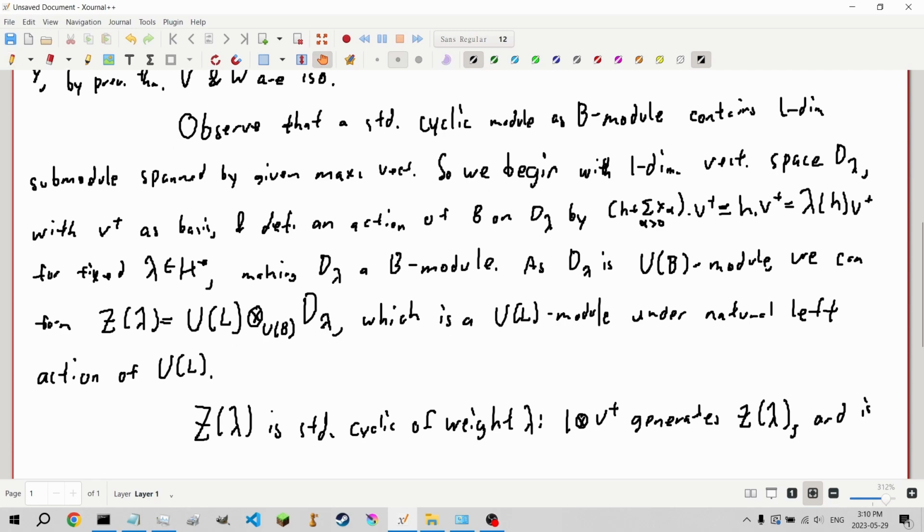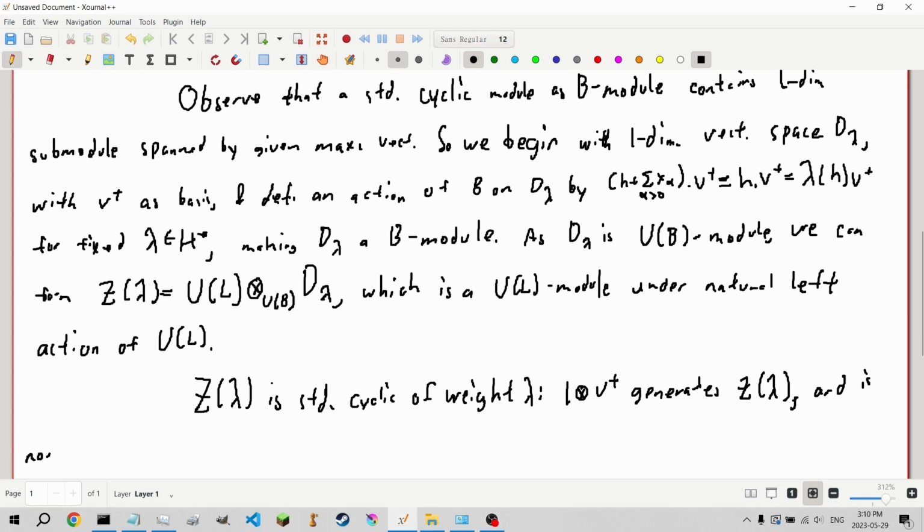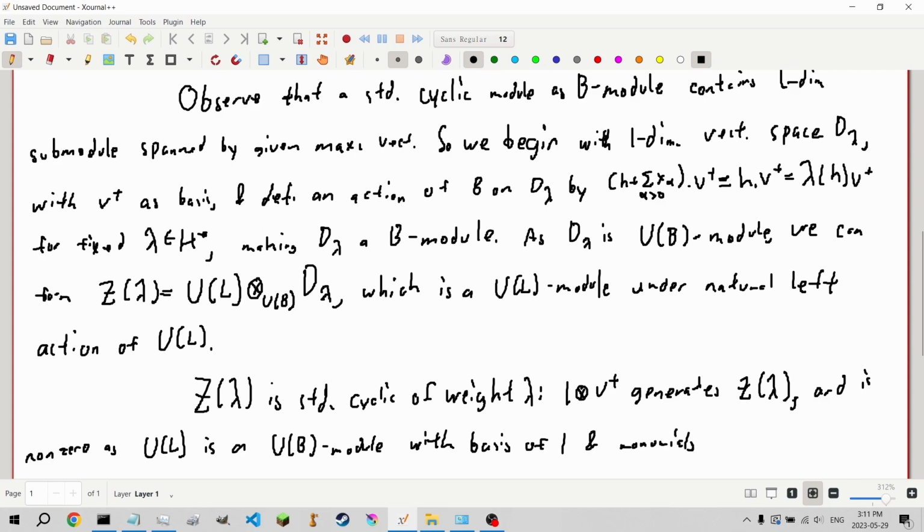And is non-zero, as we can think of UL as a UB module with a basis of 1 and the monomials of y beta 1 through y beta m.